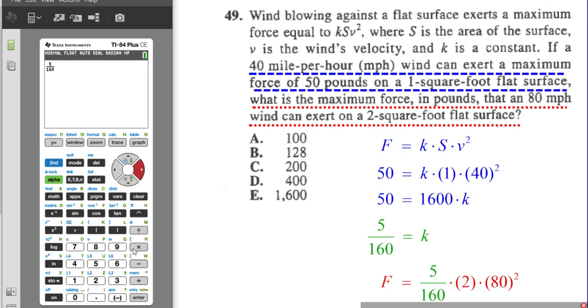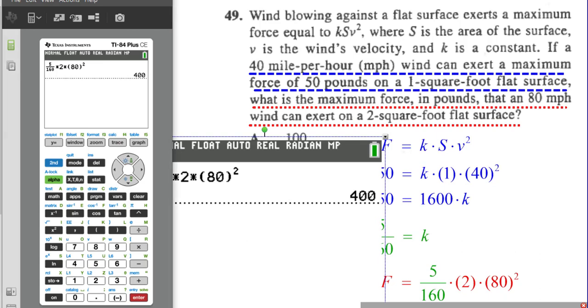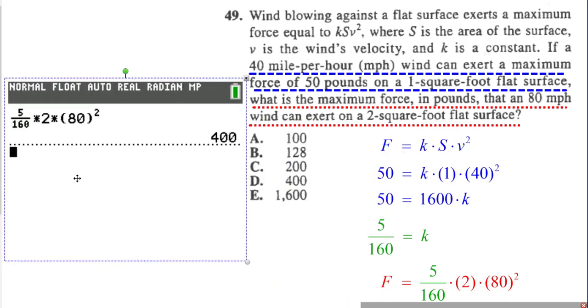Get out of the denominator. Times 2 times, I don't need the parentheses, but I'm going to put them in anyway, so that I can make sure I'm squaring the right number there. And 400 is our answer. Letter D.